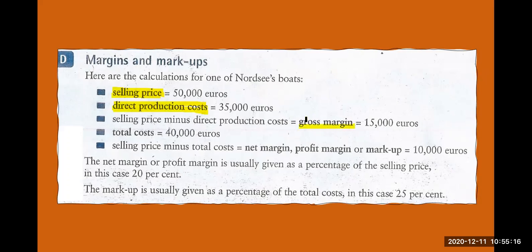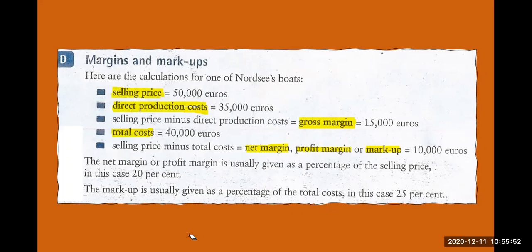Total cost, 40,000 euros. Selling price minus total cost: net margin, profit margin, or markup, 10,000 euros. The net margin or profit margin is usually given as a percentage of selling price. In this case, 20%. The markup is usually given as a percentage of the total cost. In this case, 25%.